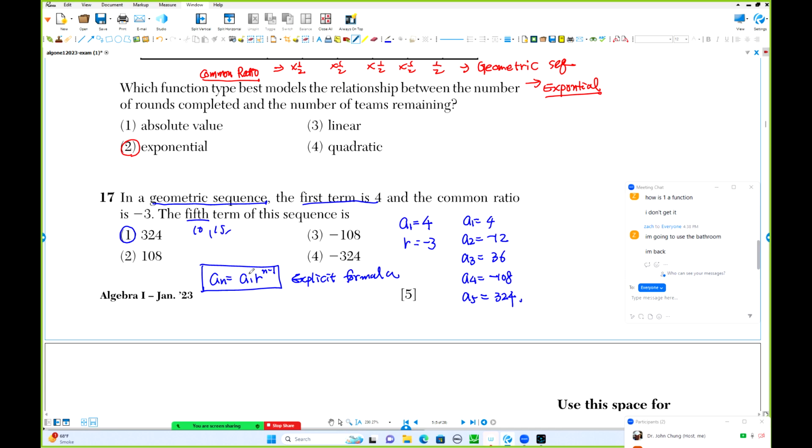So A5 is 4 times negative 3 to the 5 minus 1, that is the 4th power. That is 4 times 81 equals 324.